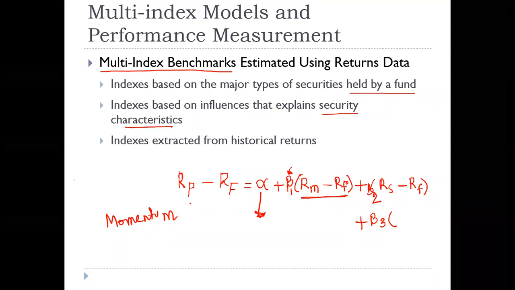So if it has been found that the stocks which performed very well in the past are expected to outperform in the future, those stocks have momentum characteristic.